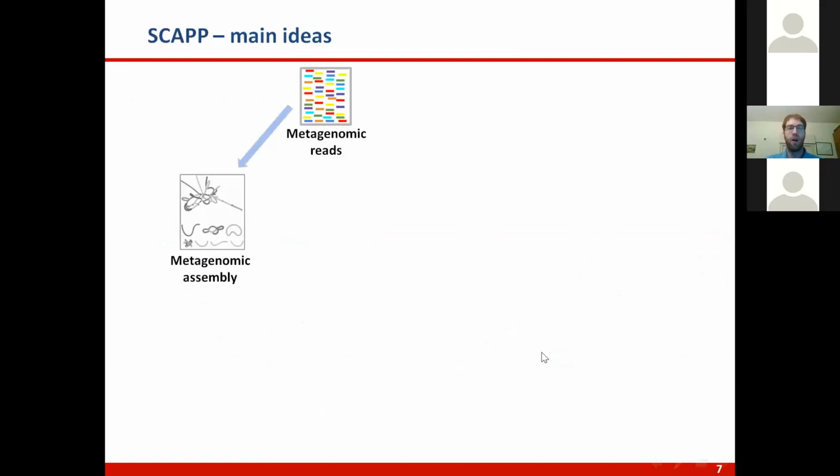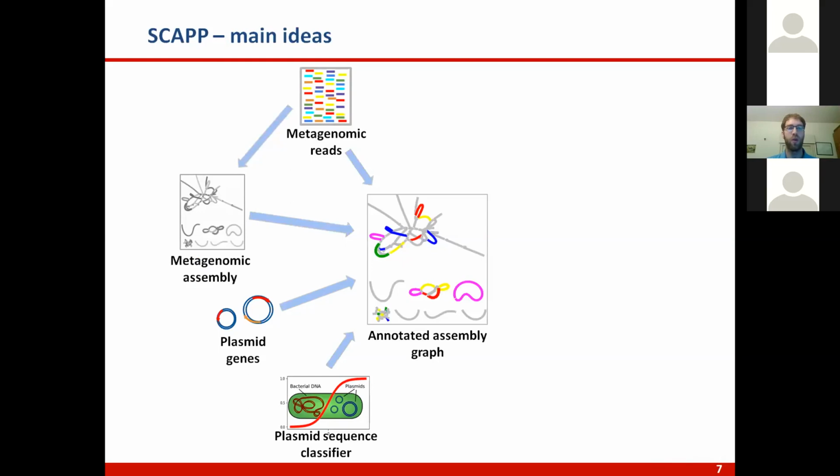Now I'm going to move on to our algorithm, which is called SCAP. SCAP takes as input the metagenomic assembly graph as well as the reads from the sample which were used to assemble the graph. The first key step of SCAP is to build what we call the annotated assembly graph. Now this is basically the assembly graph with an overlay of annotations based on paired-end links from the read data, genes which are known to be plasmid-specific, and sequence classifier scores from a plasmid sequence classifier.